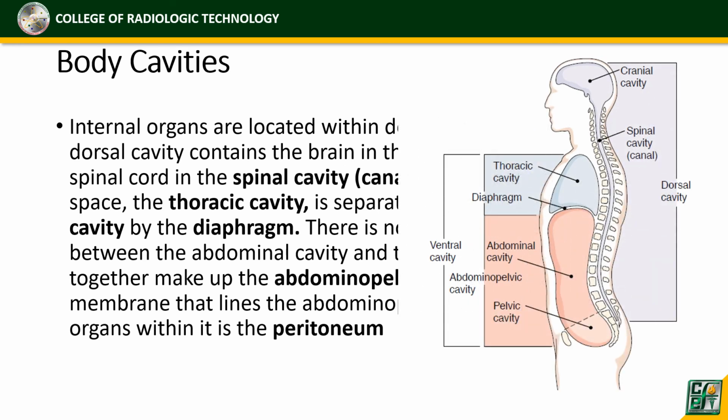This is the image where you can see the locations of the different body cavities. As you can see, there is a division between the thoracic cavity and the abdominal cavity, whereas there is no division between the abdominal cavity and pelvic cavity. That's why it can be called the abdominopelvic cavity.